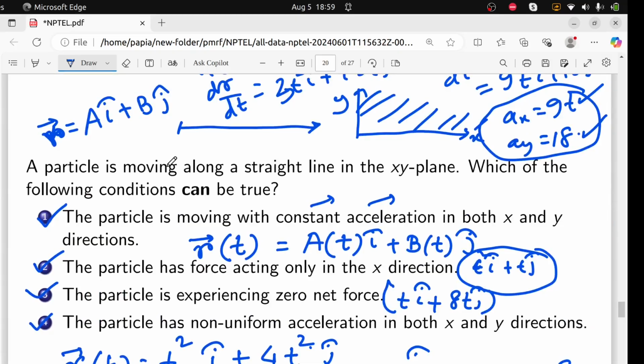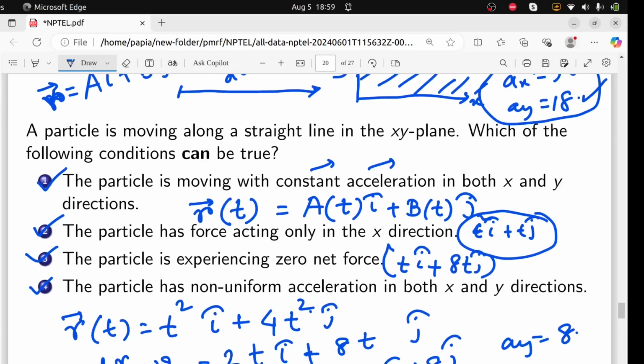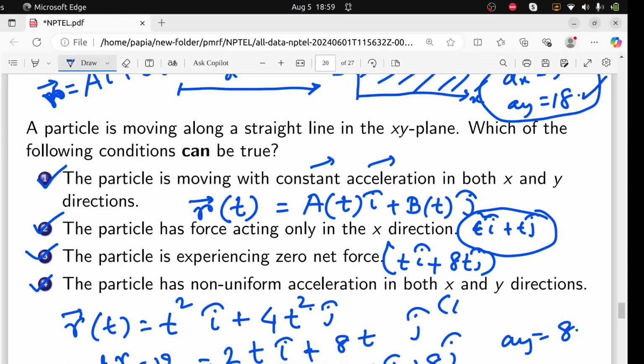This is 7th question. For 7th question, I just put each and every explanation, like I just put in one example of all the points. Let's say for here, what I do is this: t cube and 9 t square, t cube i cap plus 9 t square j cap.